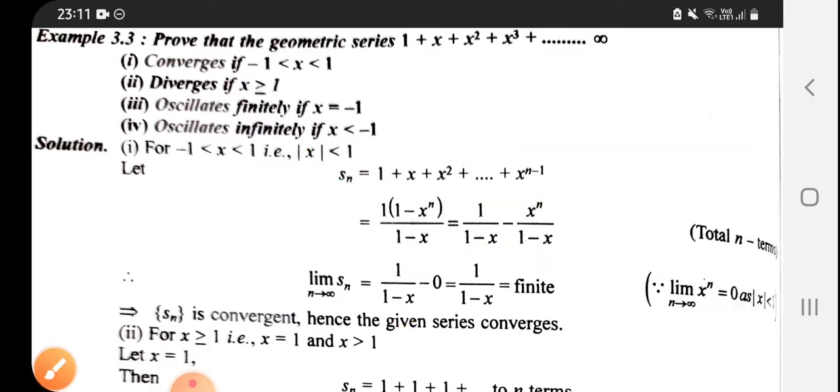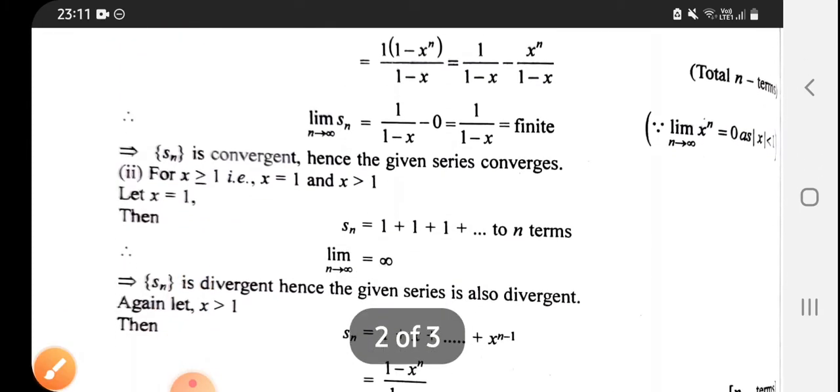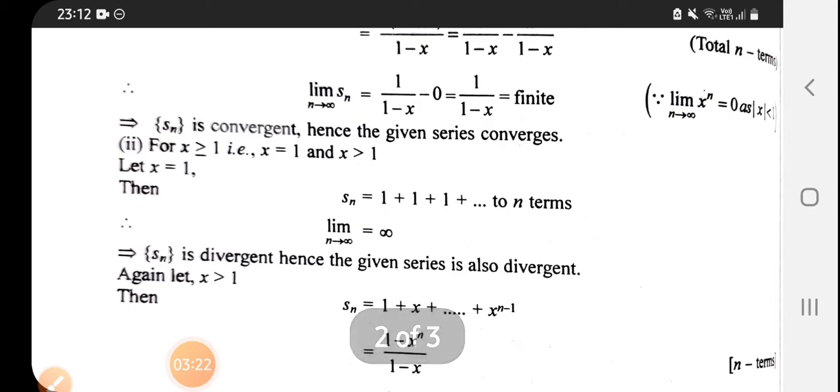X to the power n, as n tending to infinity, is equal to 0 as mod of x is less than 1. Okay, Sn is convergent, hence the given series converges, because Sn as n tending to infinity gives a finite value.